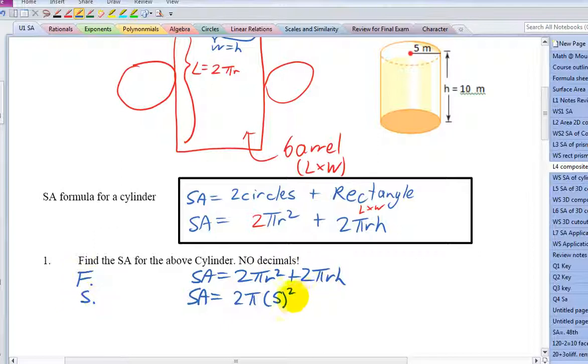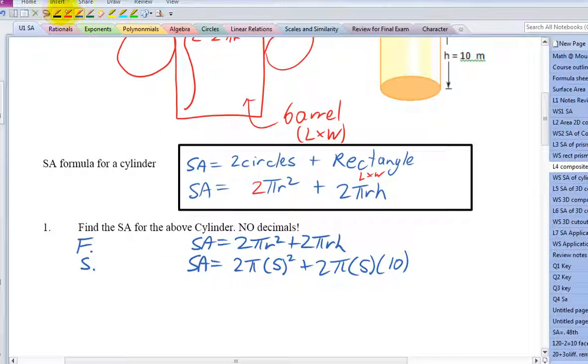Times 2 times pi times the radius of 5 times a height of 10. We're just substituting in the numbers from the dimensions that are given to us on the diagram.